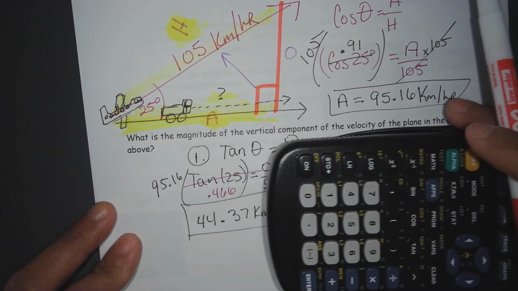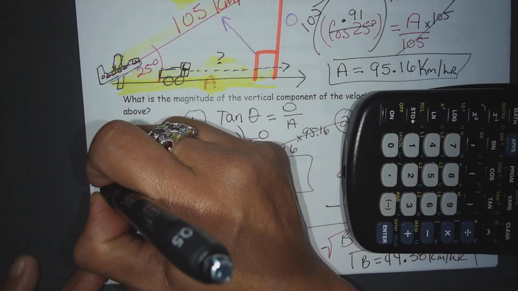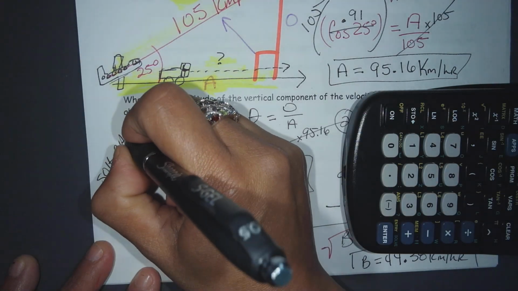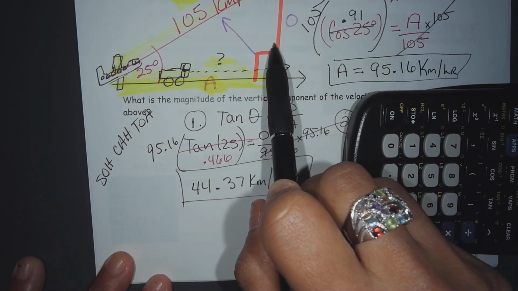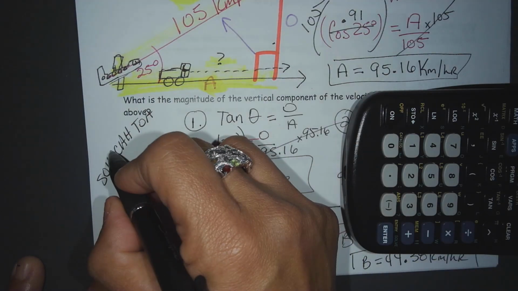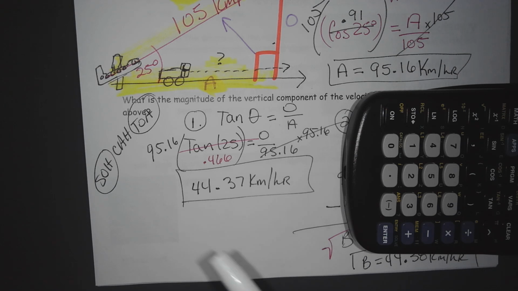Let's look at SOHCAHTOA first. If I'm looking for the O leg, I can either use the sine or the tan because those two include the O. Does that make sense? I just picked the tan. I had a 50-50 shot. They both would work.